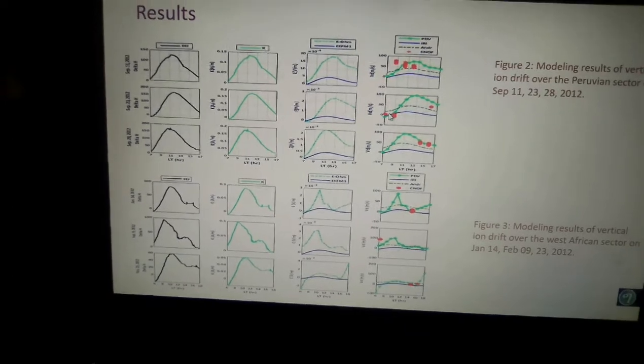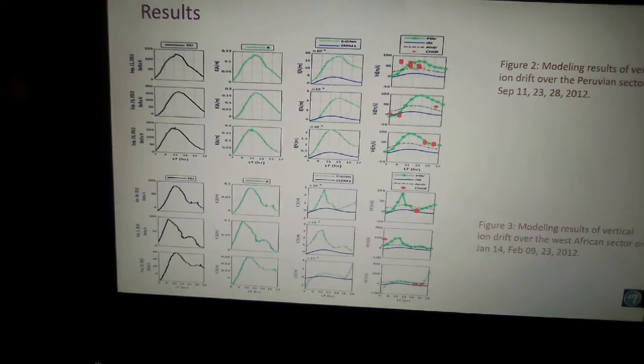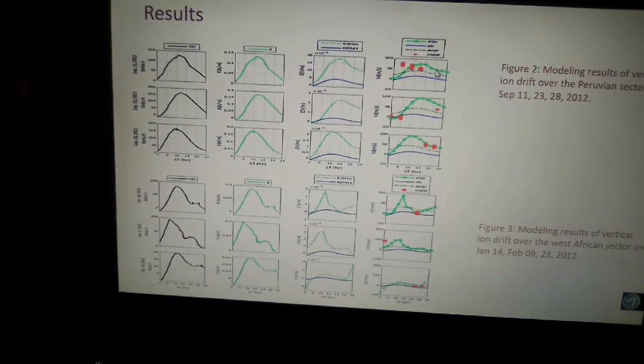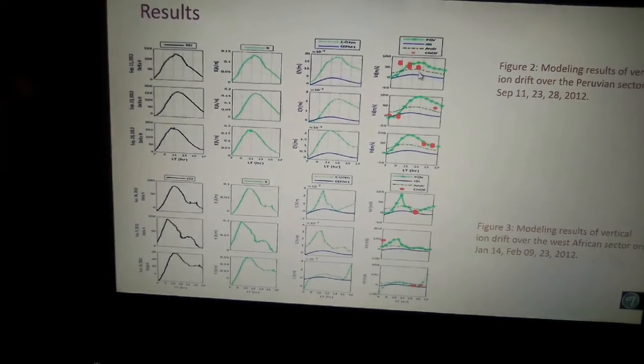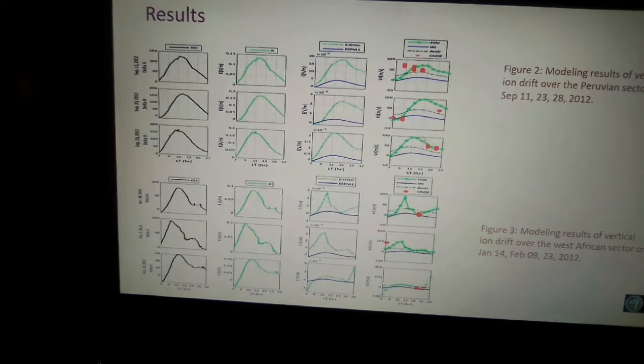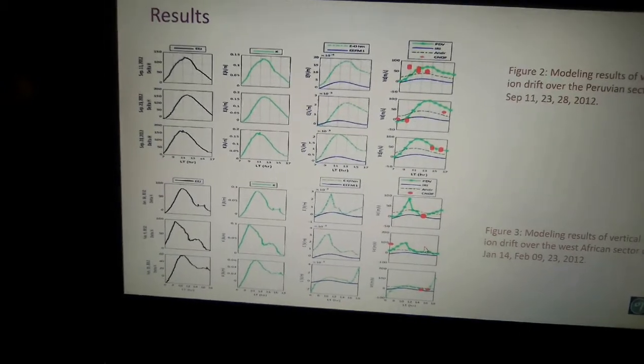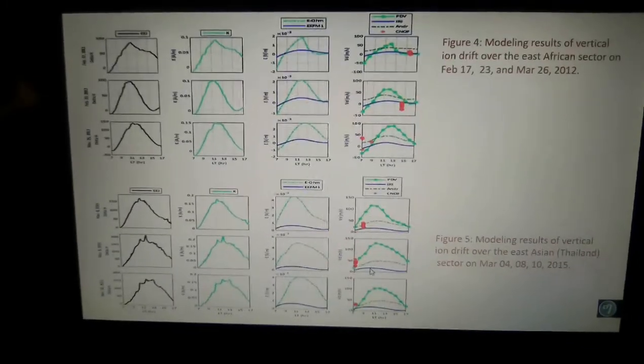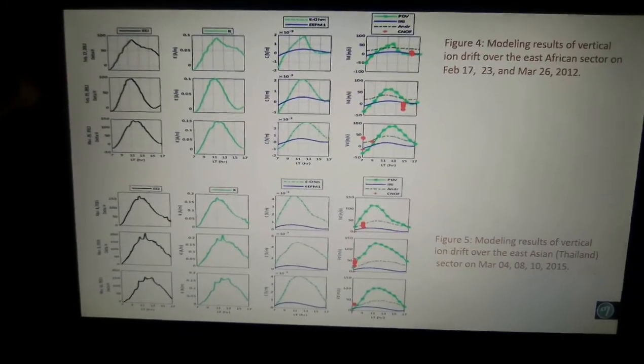When you evaluate, you can see that good performance is obtained by our model and Anderson. Same thing over here. So it's a good performance. The same is obtained over here.